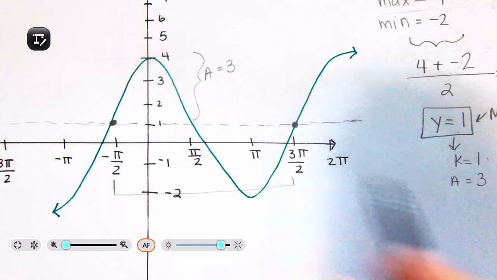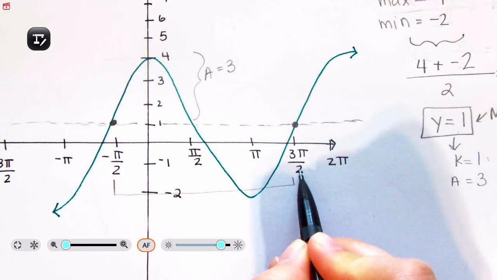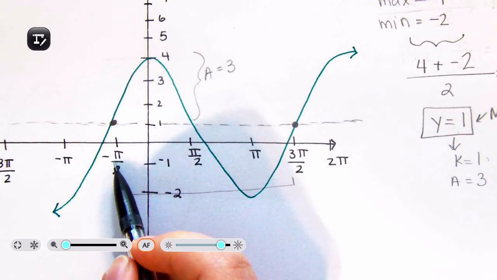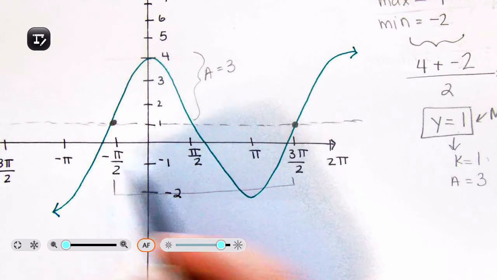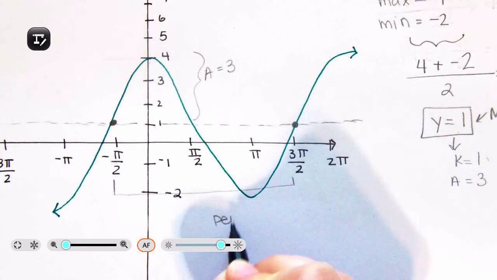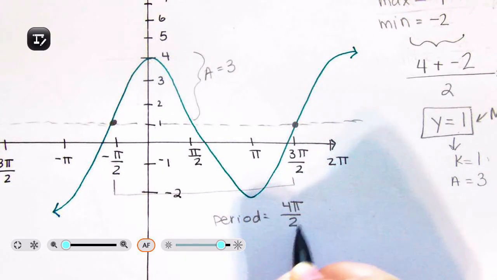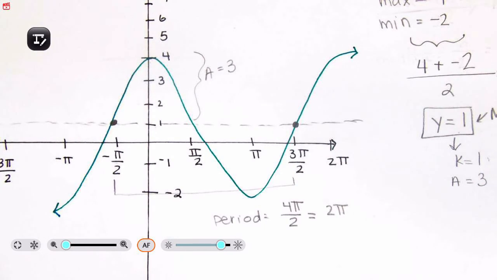Okay, so now we have negative pi halves and 3 pi halves. That would mean my distance is 4 pi halves. Again, I'm taking the absolute value of this and adding. So if I go 3 pi halves here and I go another pi halves, that is the period. That means 4 pi halves, which means my period is 2 pi.